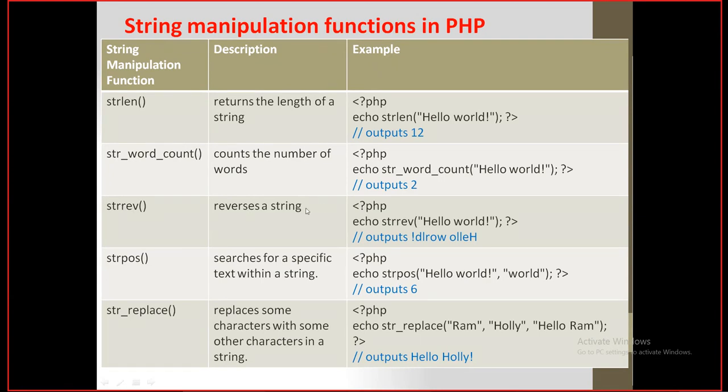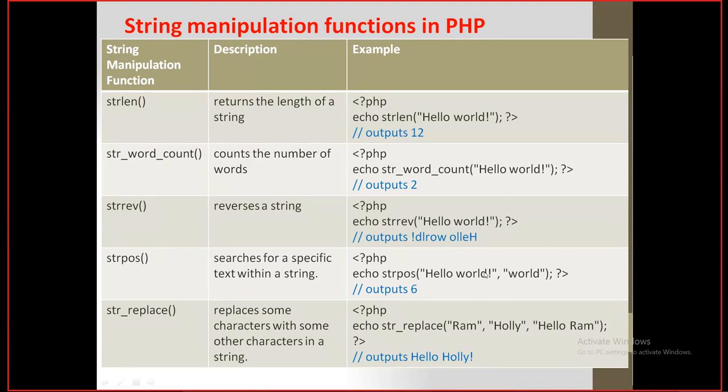strrev is generally used to reverse a string. So you can see the output, whatever string we gave, hello world, got reversed, and we are printing it out. If you want to search for any substring inside a string, then we use strpos. strpos has two arguments.